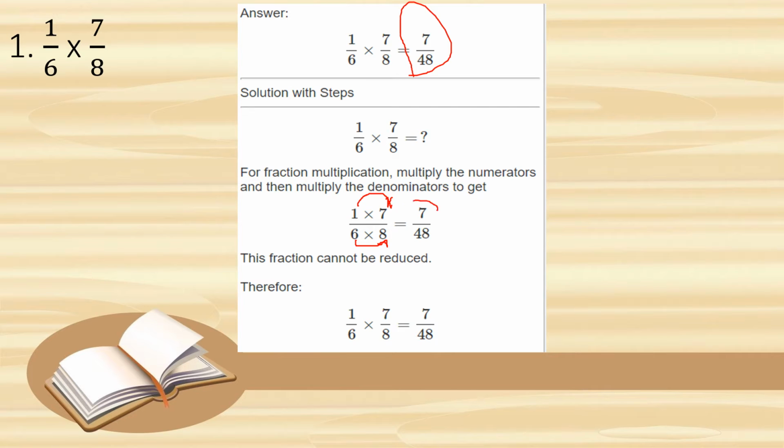And since this fraction cannot be reduced or simplified, then the answer will remain as is. Okay, class? Therefore, 1 over 6 times 7 over 8 is equal to 7 over 48. Okay, let's proceed to number 2.